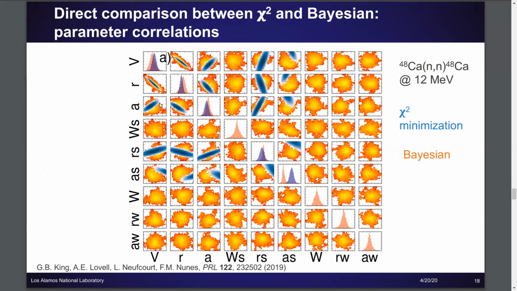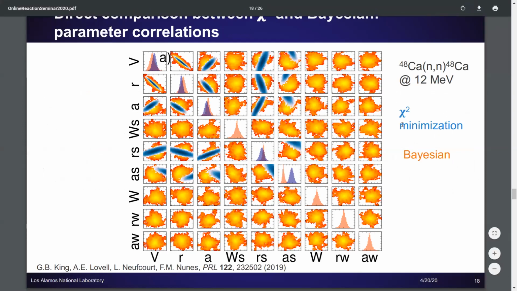And so the other thing that we looked at in this work was parameter correlations, because especially for the optical model parameters, historically, the parameters have been said to be very highly correlated. And actually, if you look at the chi-square minimization in blue, that's what you see, right?